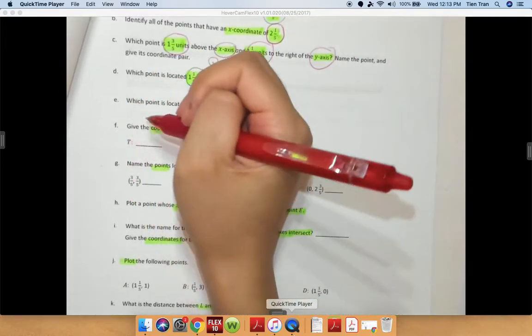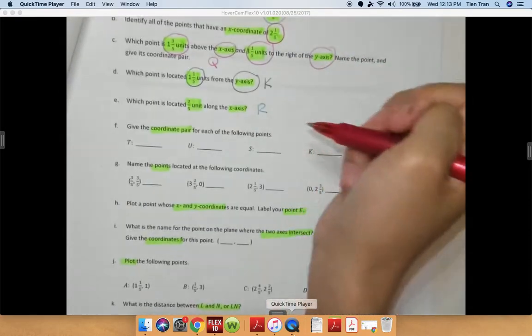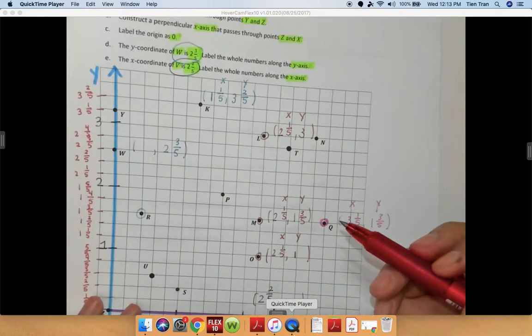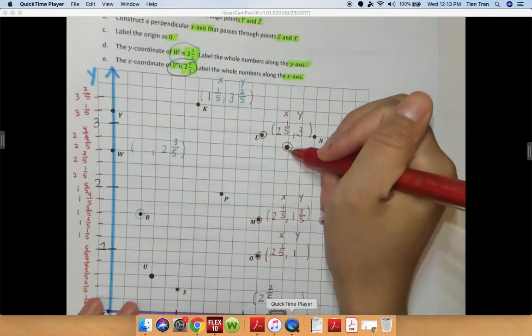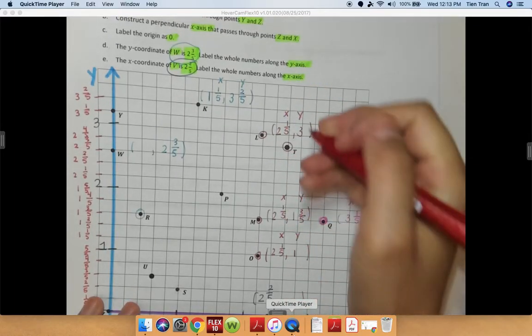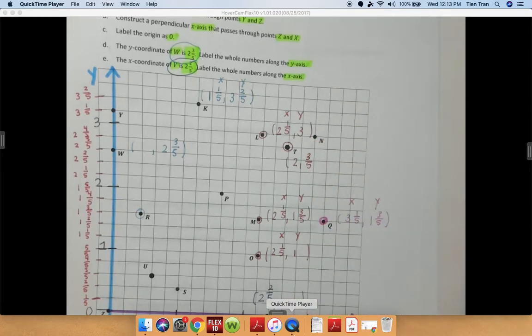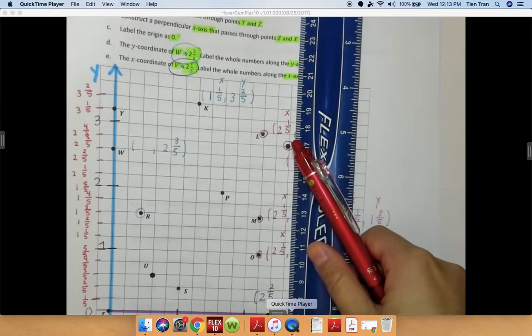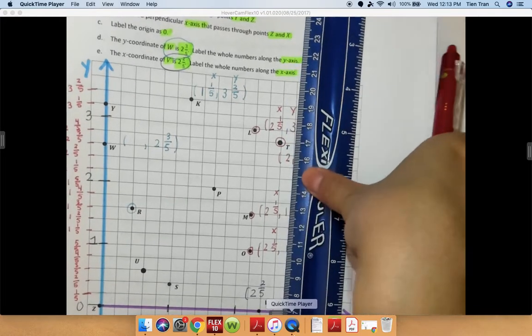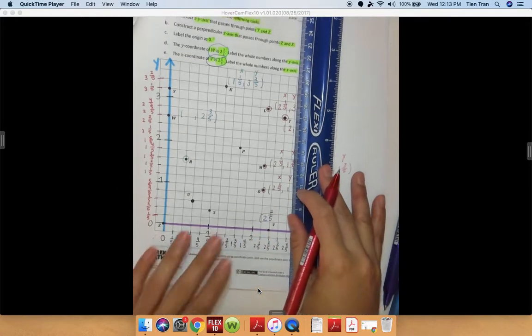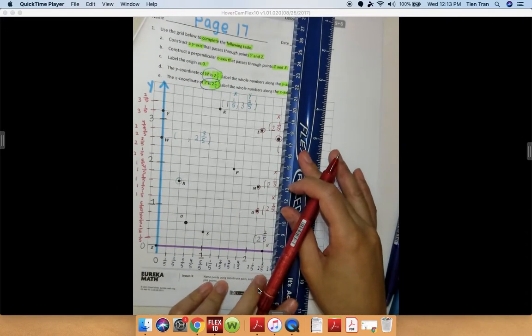Now for problem F, give the coordinate pair for each of the following points. So I'm going to find T, U, S, and K. So T is right here. And what I notice is that it is at 2 and 3/5, right? T is at 2 and 3/5. I can see it on the bottom right here. I think I'm going to have to zoom out so you guys can see better. So I have 2 and 3/5, which is right here.